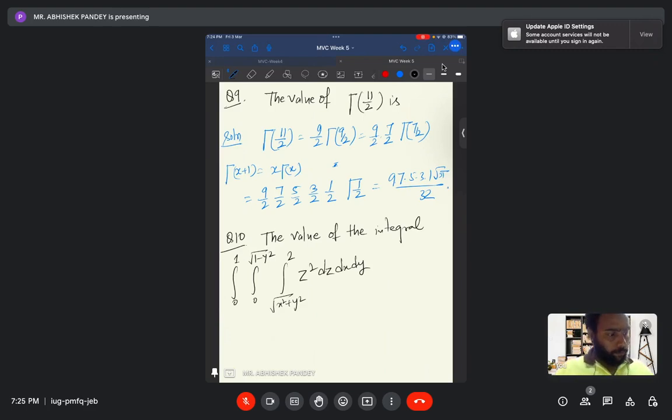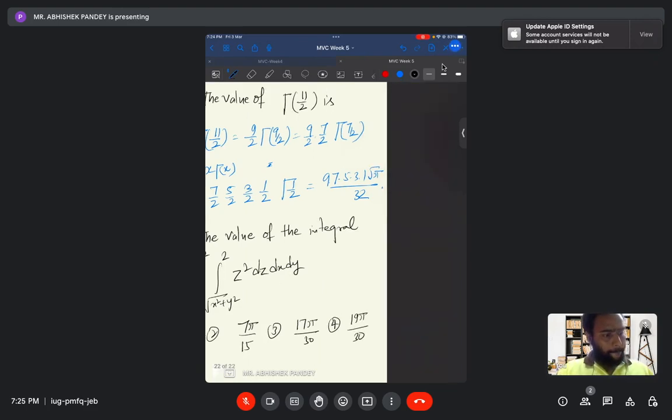Okay, so we have to find this integral. Options are pi by 30, second is 7 pi by 15, third is 17 pi by 30, fourth is 19 pi by 30.